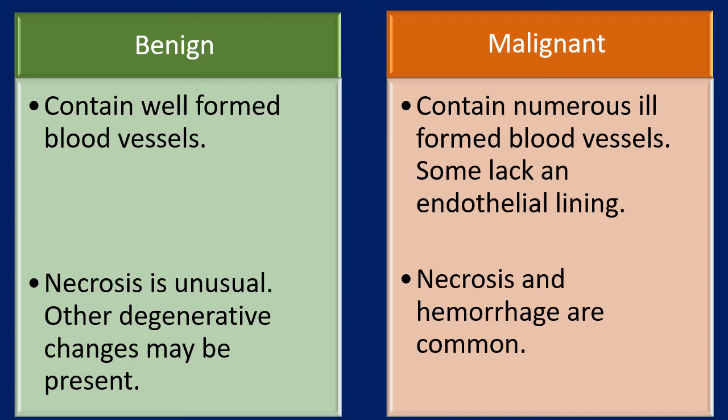Necrosis because the blood supply can't provide sufficient nutrition, sufficient requirements for the proliferating cells, so the cells will be necrotic. Also, there is hemorrhage because the blood vessels in the malignant tumors are ill-formed, so they can rupture easily and hemorrhage is produced.